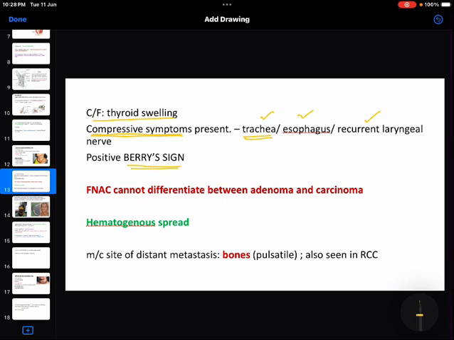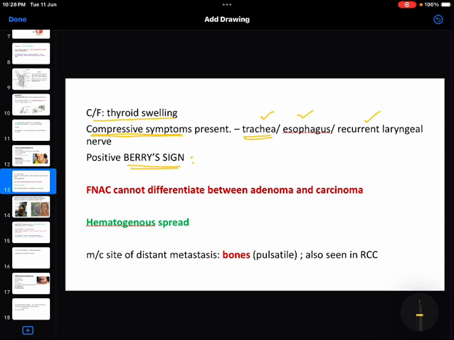Positive Berry sign is seen. What is Berry sign? Normally, where is the carotid pulsation seen? It is seen on the medial aspect of the sternocleidomastoid, against the superior aspect of the thyroid cartilage, that is, against the C6 vertebra. To be more precise, against Chassaignac's tubercle, we can palpate the carotid pulsation.